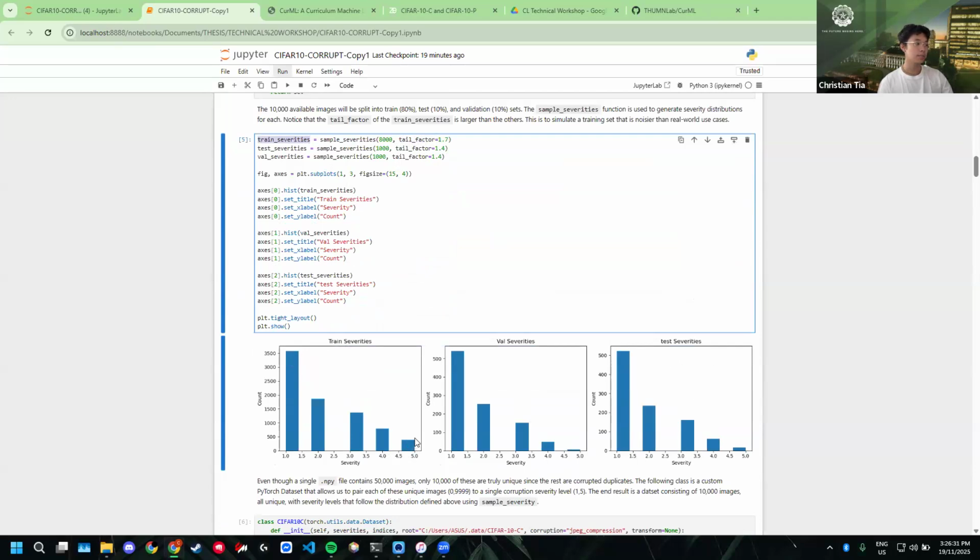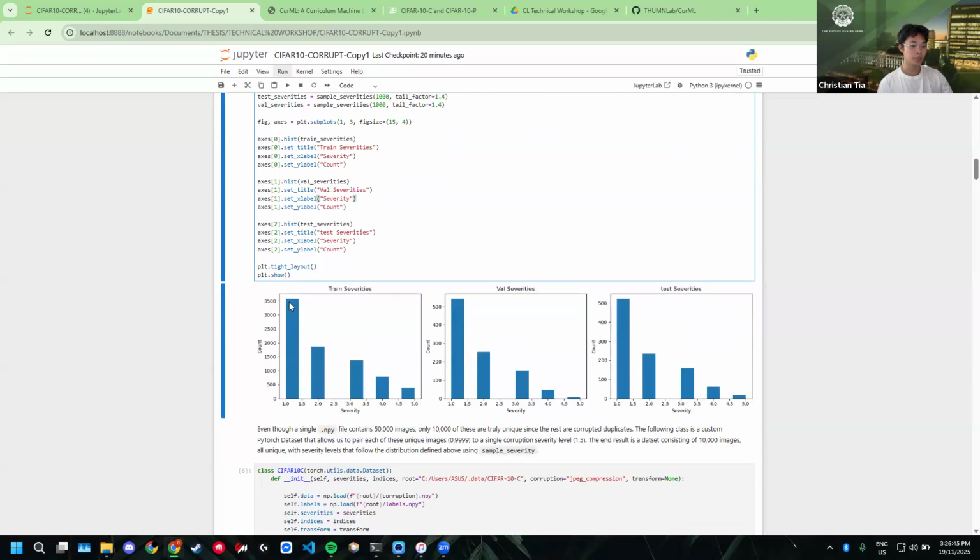This is just to simulate those scenarios where we don't have a perfect training set, and it doesn't really represent the distribution of the real world. So in the train set, we'll have just over 3,500 of those severity level 1, and then gradually decreasing to less than 500 at the tail end.